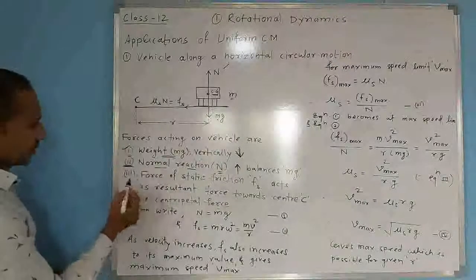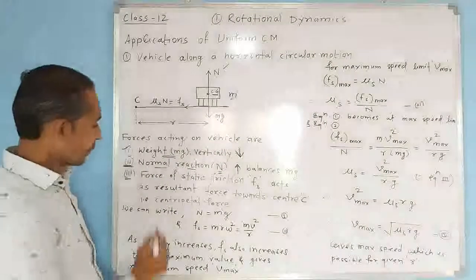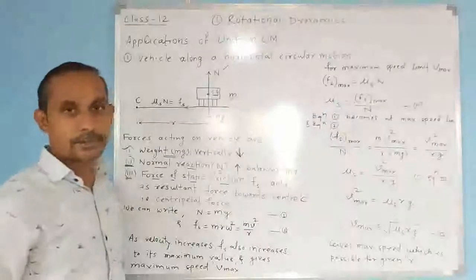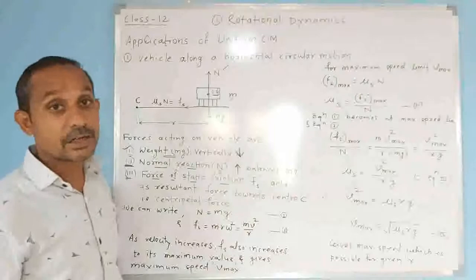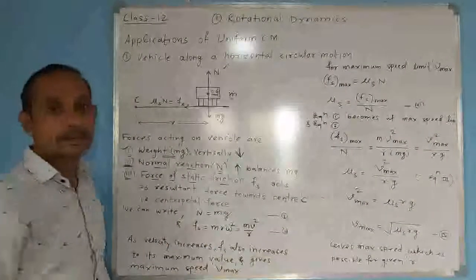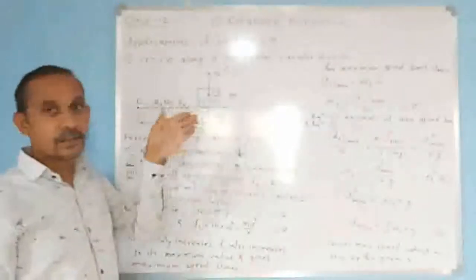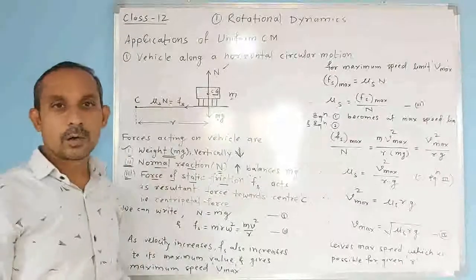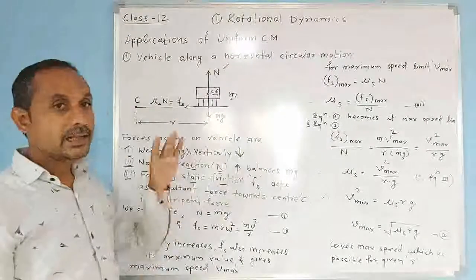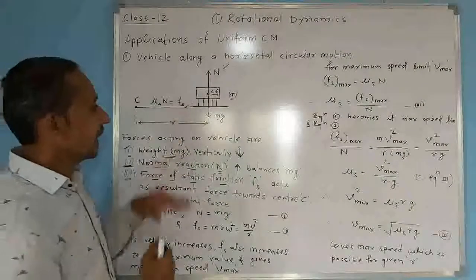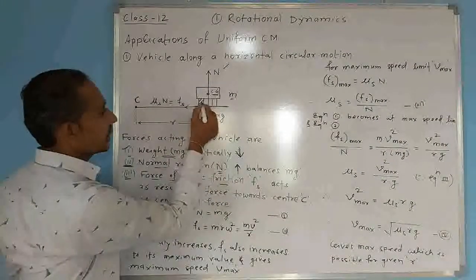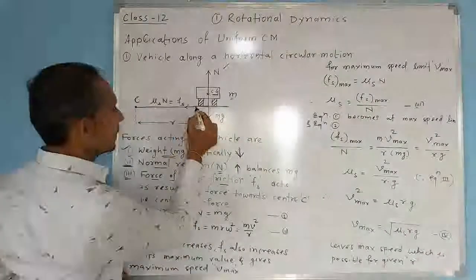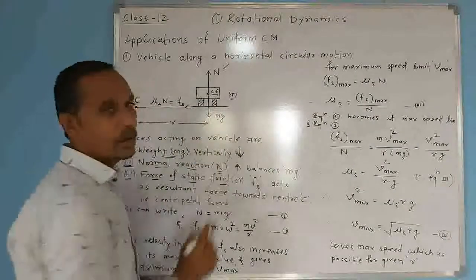Then the third force is the force of static friction. So while moving, this vehicle is moving towards left along this curved road. At that time, these are the tires of the vehicle, and this is the surface of the road.